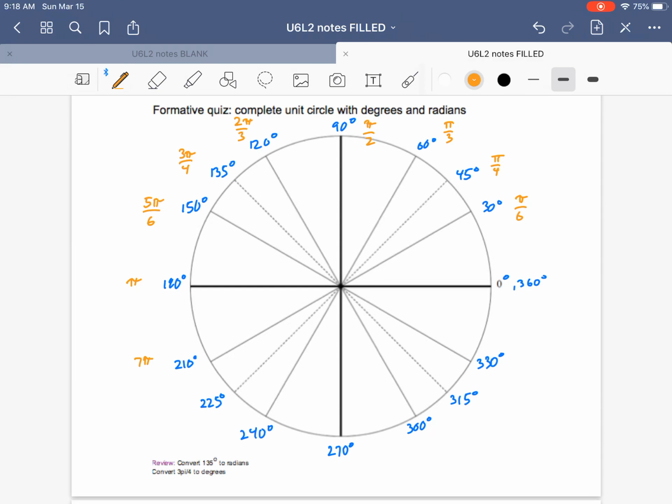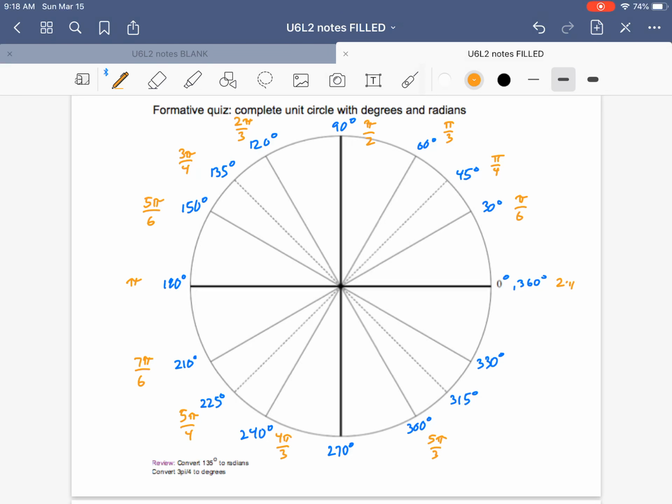This is 7 pi over 6. This is 5 pi over 4. This is, let's see, 60, 120. This is 4 pi over 3. This is 5 pi over 3.